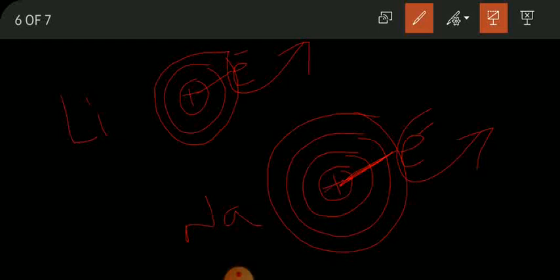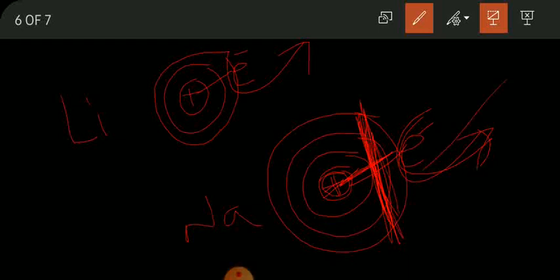The attractive force, or positive nuclear charge, on this outermost electron is less. As the distance increases, the nucleus's hold on this electron becomes less. Because of the inner electrons, they shield, they act as a wall between this outer electron and the nucleus. Therefore, the removal of this electron is easy. As the distance increases, removal of electron is easy. Therefore, sodium has less ionization enthalpy than lithium.